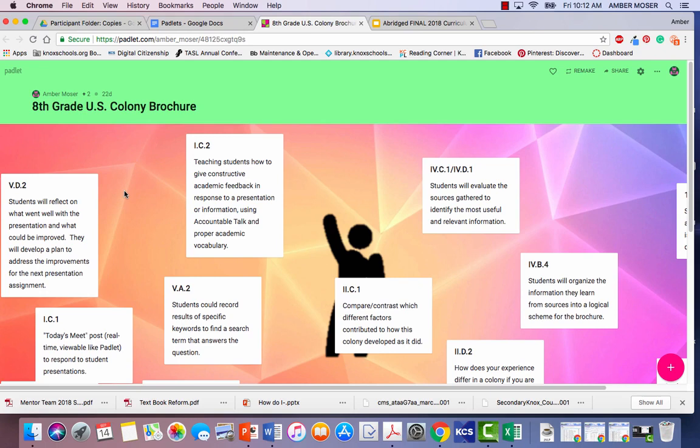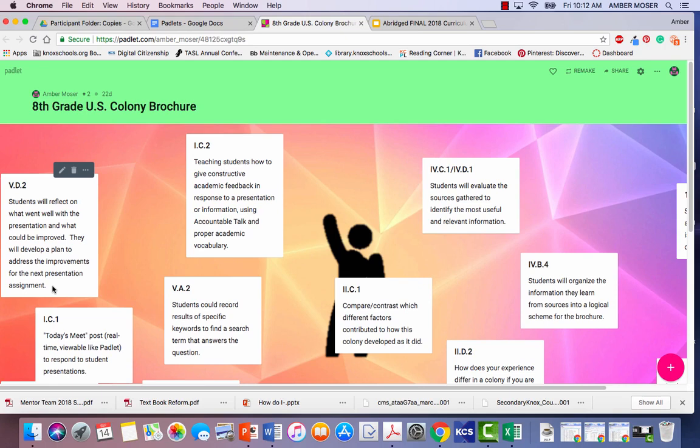So what I'm going to have them do is, when they're finished with this project, in whatever format the teacher has asked them to complete it in, I'm going to have them go back and reflect on what went well with the presentation and what could be improved. Then I'm going to have them develop a plan to address the improvements for the next presentation assignment. It's not enough, I've noticed, with these kids to just have them identify what needs to be fixed.